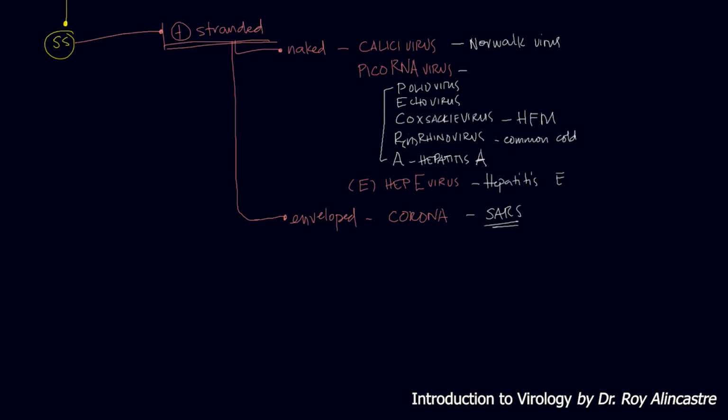Coronaviruses cause upper respiratory tract illnesses. Another, we have the togaviruses. An example is the rubella virus that causes German measles. So just remember, si Bella, taga Germany.